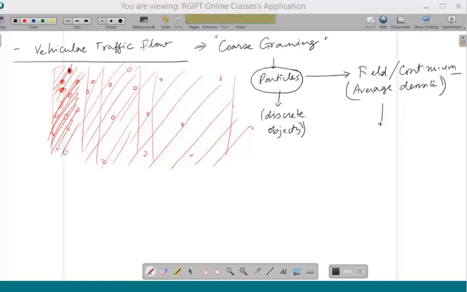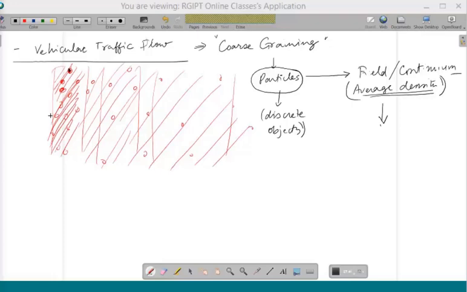Now, the only thing that you have to track is density, the particle density. You don't have to track where each particle is at each moment of time. That would be a significant computing effort.